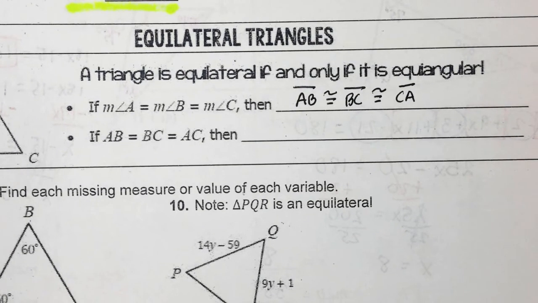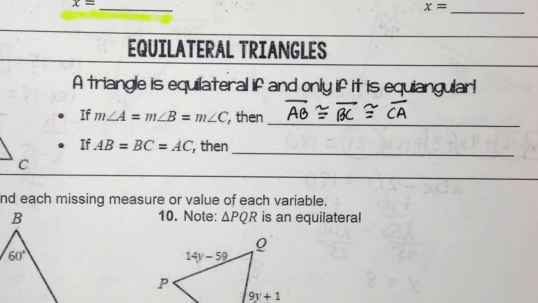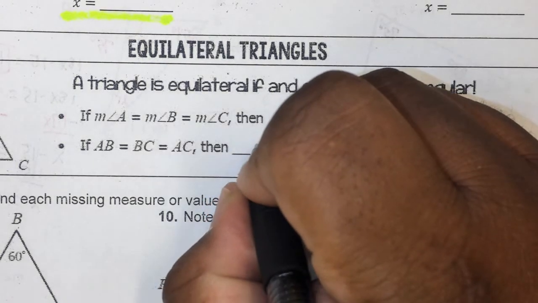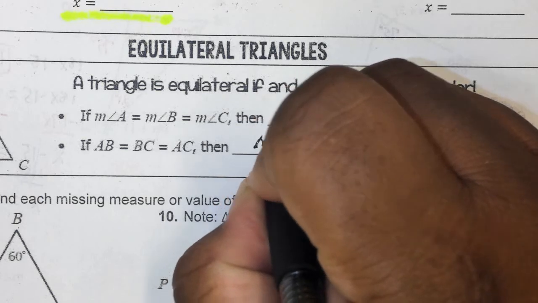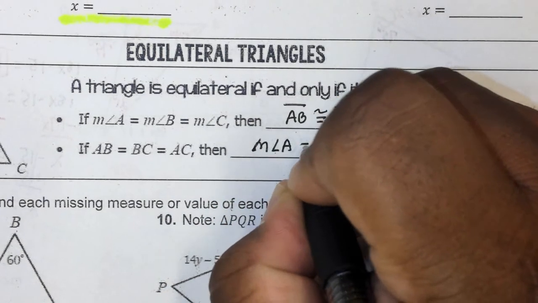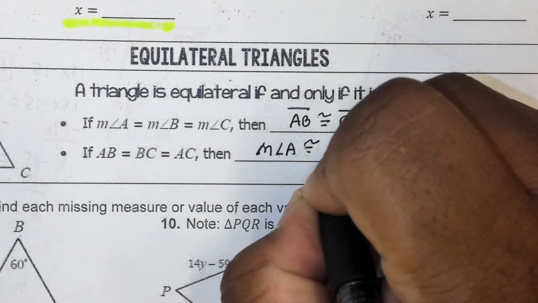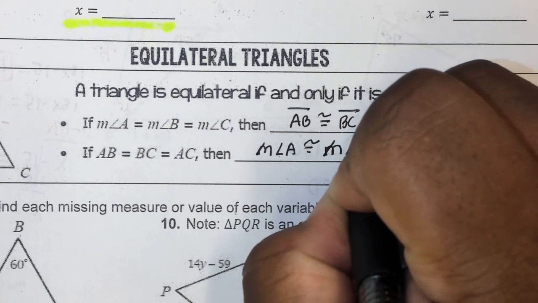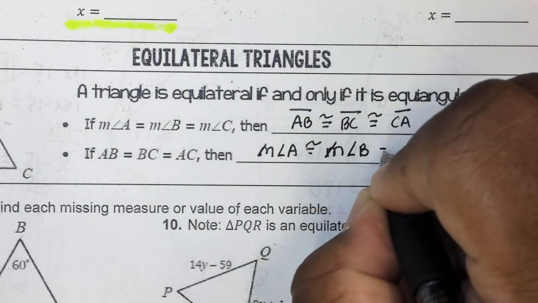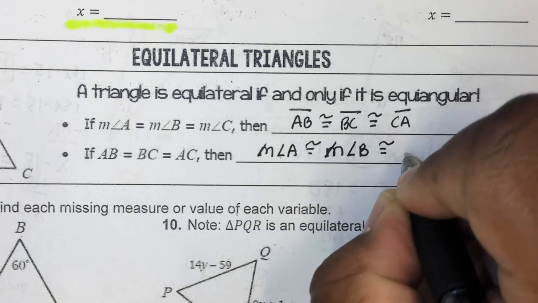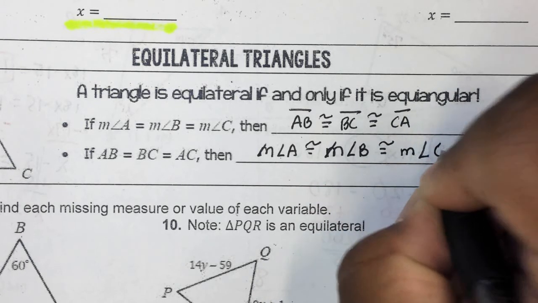And then they got the converse under that one too. If AB is equal to BC, which is equal to AC, then the measure of angle A is congruent to the measure of angle B, which is congruent to the measure of angle C.